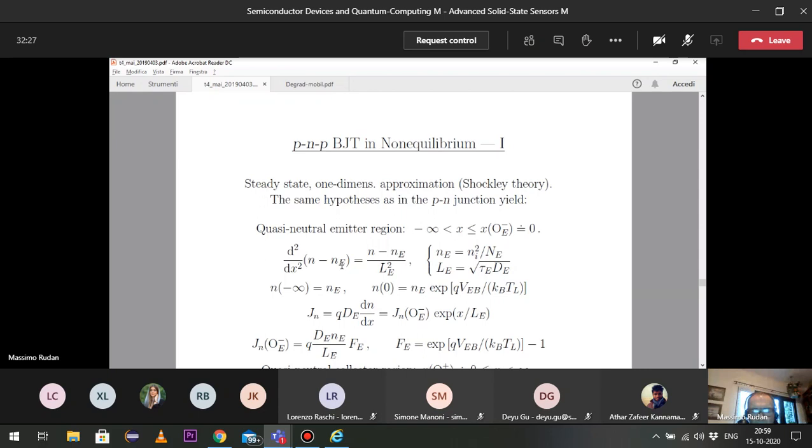Of course, N sub E is given by n_i squared over capital N sub E. And the diffusion length of the minority carriers of the emitter, that in this case are the electrons, is L sub E, equal to the square root of the lifetime times the diffusion coefficient.